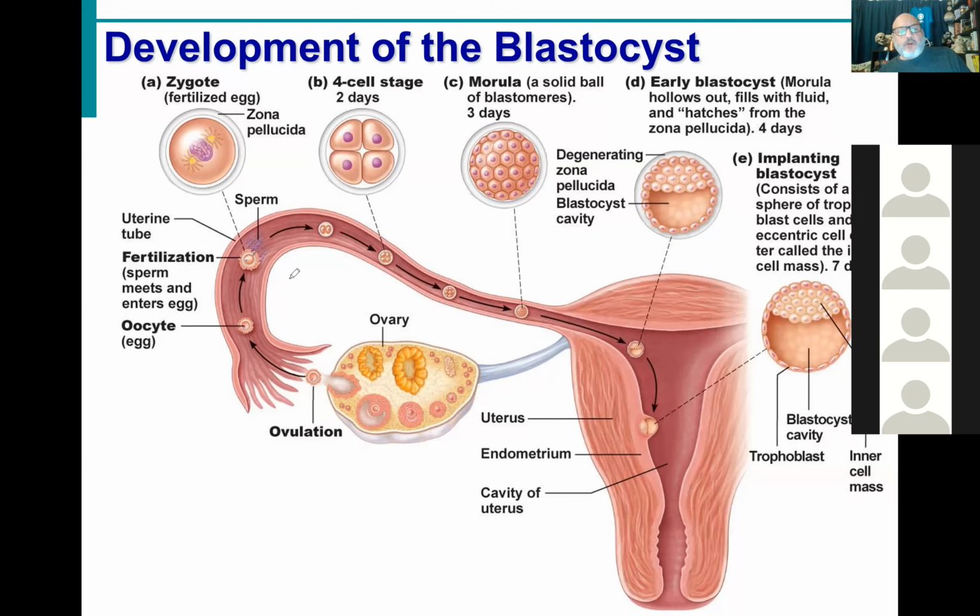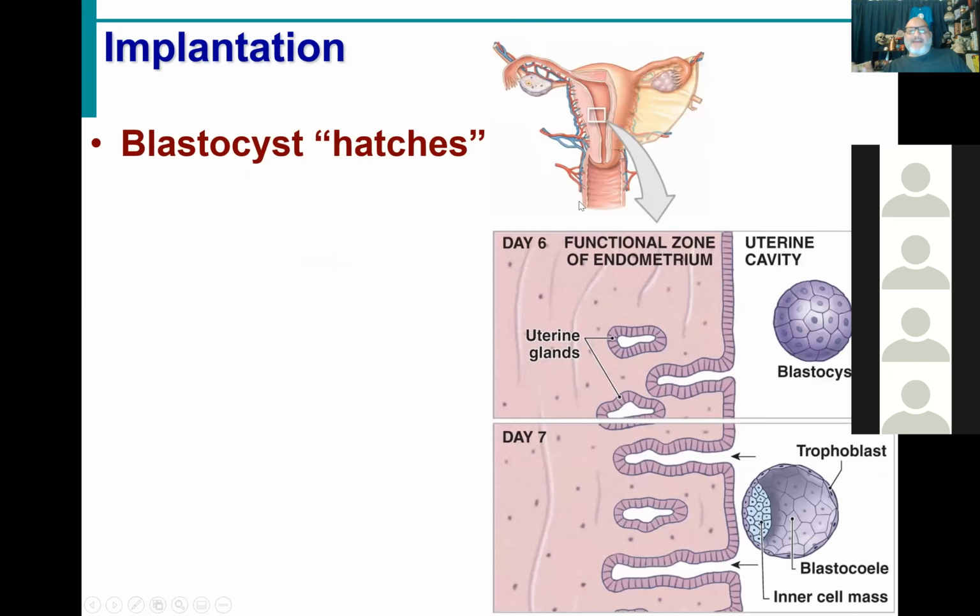All righty, we've been working our way through this process. We have fertilized the egg. It has migrated to the uterus. It has undergone cleavage to form our blastocyst. And at the end of what we talked about last time, it now finally hatches from that zona pellucida and is free floating within the uterus.